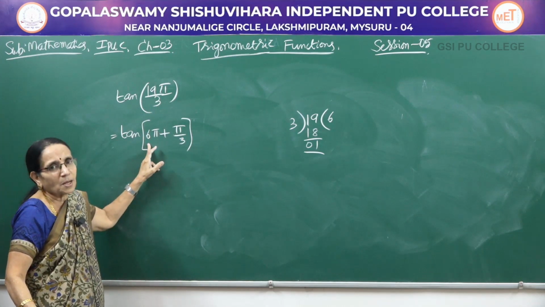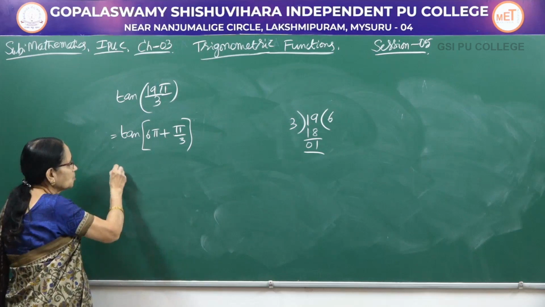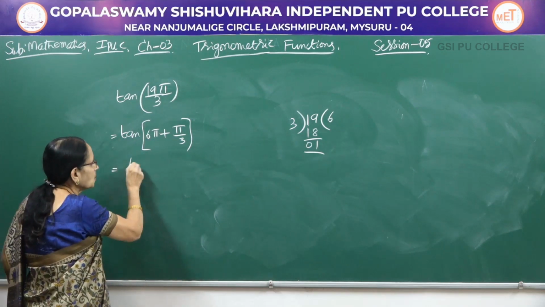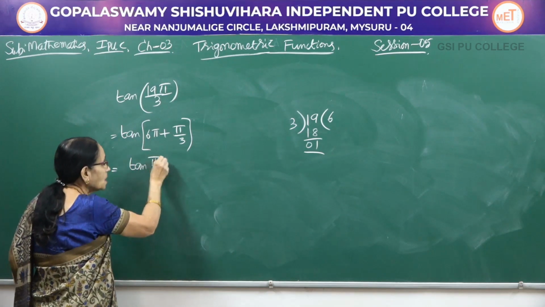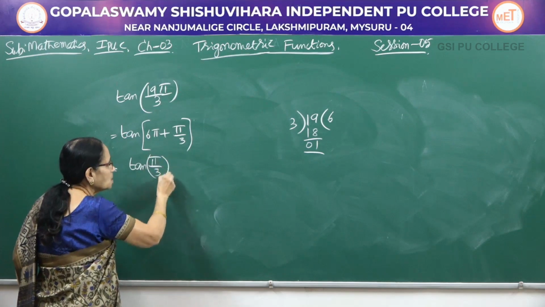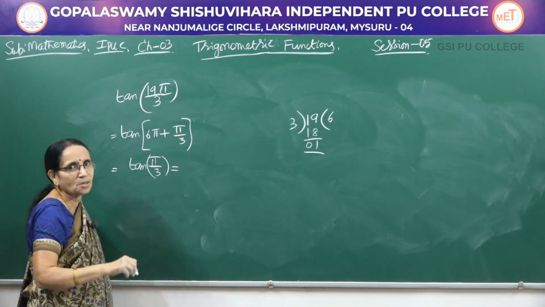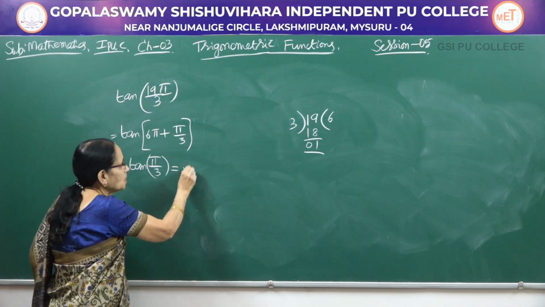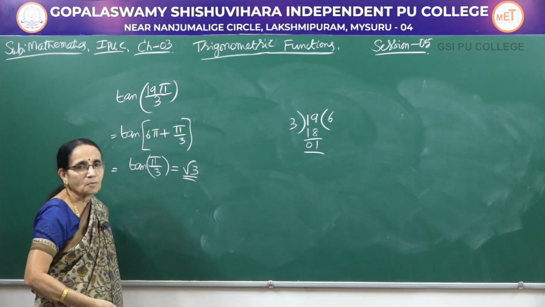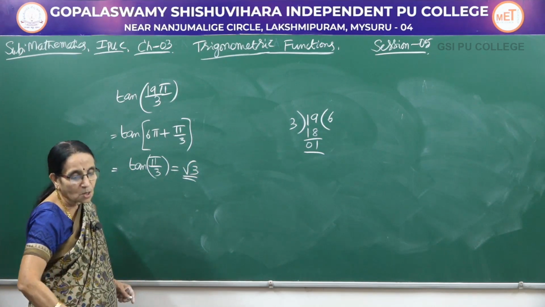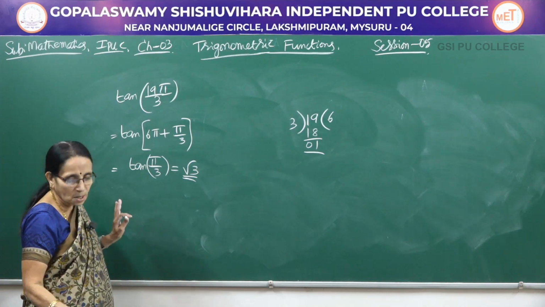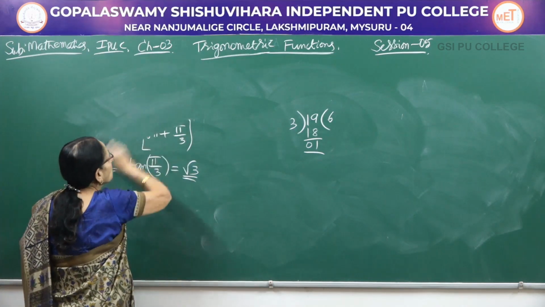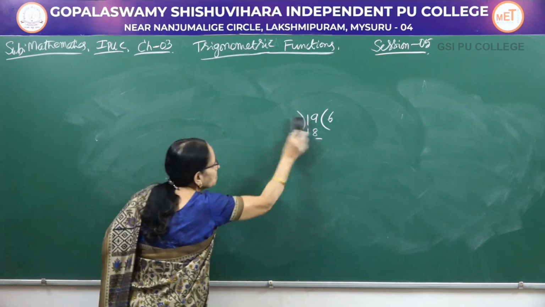So, it is an even multiple here, 6 pi, isn't it? Therefore, you can neglect this one and write it as tan pi by 3. Now tan of pi by 3 again is 60 degrees, which is a standard value. Therefore, the standard value could be written directly as root 3. So, remember this method for solving the problem.